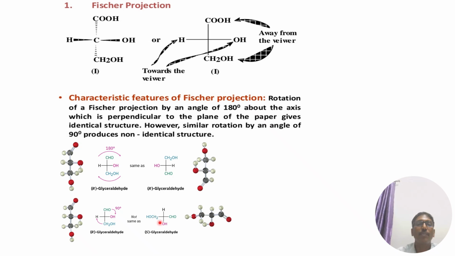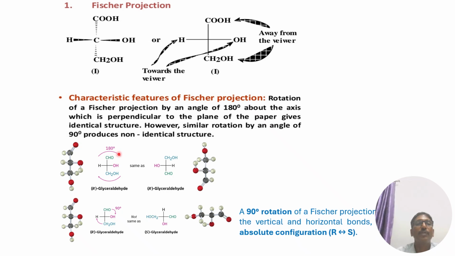Rotation is happening in the anti-clockwise direction. However, if you notice, the hydrogen is placed on the vertical line, that is away from our view, hence it is S. Therefore, when you do a 180-degree rotation of the same molecule, it becomes identical, whereas when you do only a 90-degree rotation, you get the opposite configuration, that is nothing but the enantiomer.